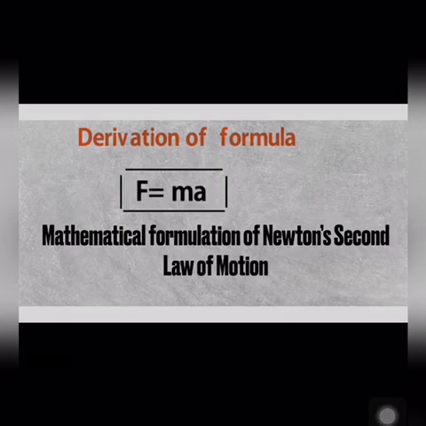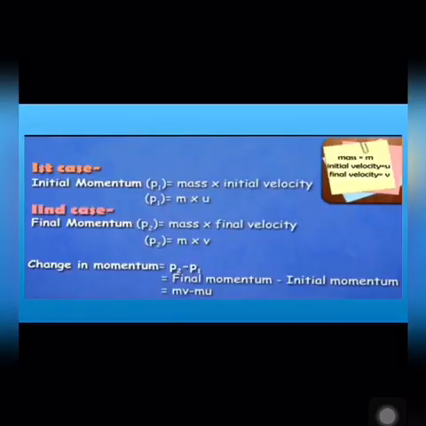Now let us derive this relationship between force and acceleration. So we will derive the formula F = m × a. Force is equal to mass into acceleration, which is the mathematical formulation of Newton's second law of motion.